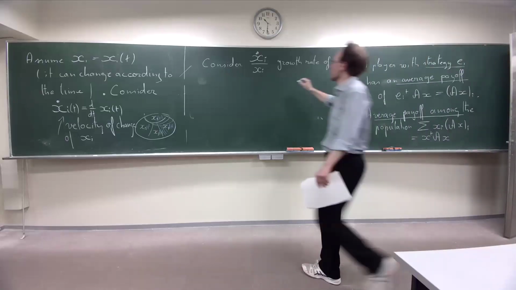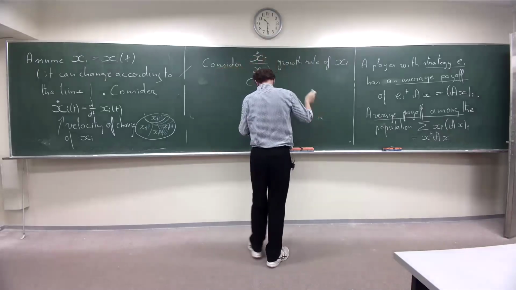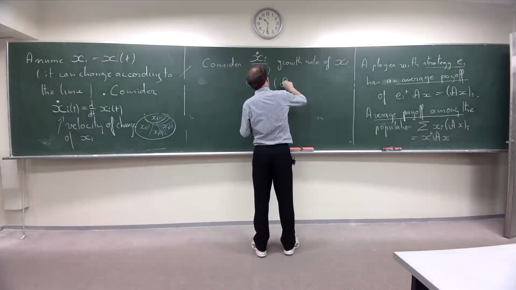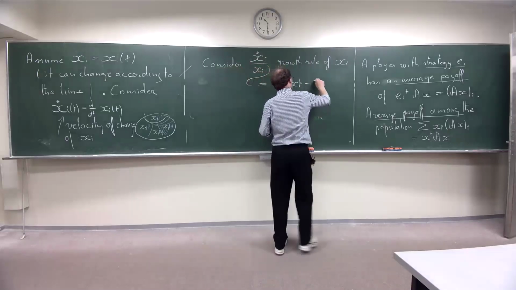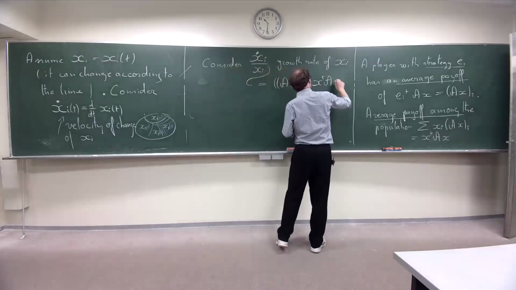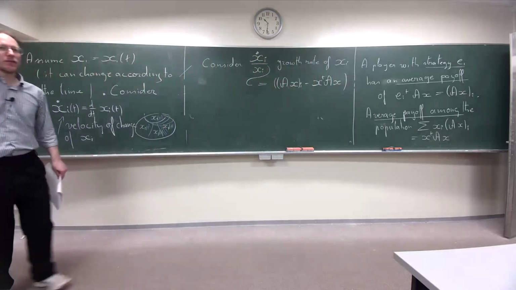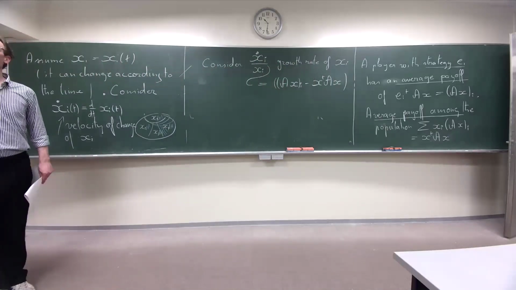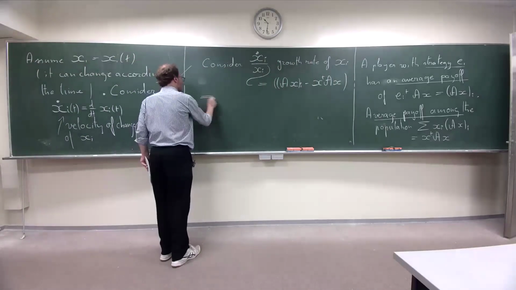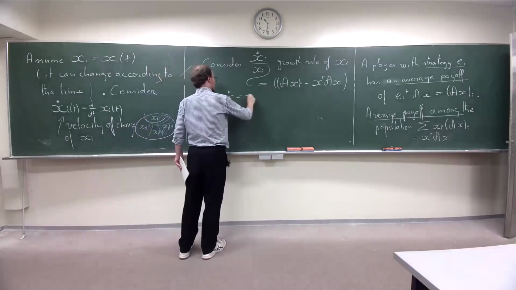So it is natural to set this quantity equal to the i-th component of AX minus x transpose AX. Because this is the difference between what player I gets on average compared to the average among all the population. And now if I rewrite this expression, we get this equation.